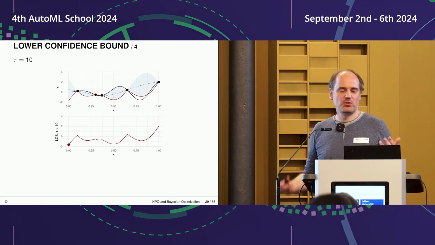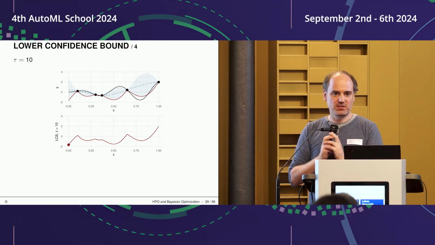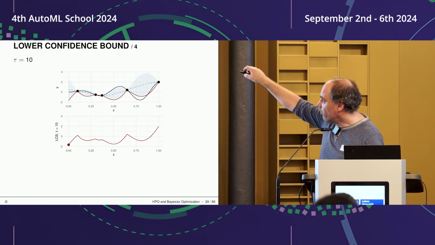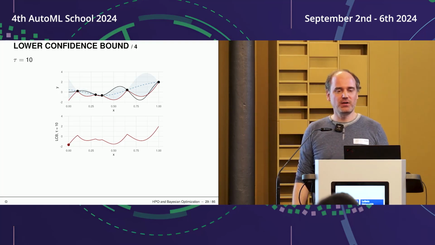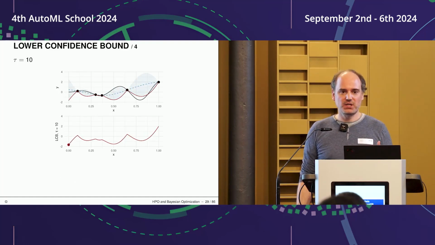Posterior uncertainty in a certain sense works as a bonus at points x. The higher the posterior uncertainty and the higher my tau, the more I gain in terms of the acquisition function, or the more I'm inclined to evaluate there. By setting tau to different values, I can enforce more or less exploration.